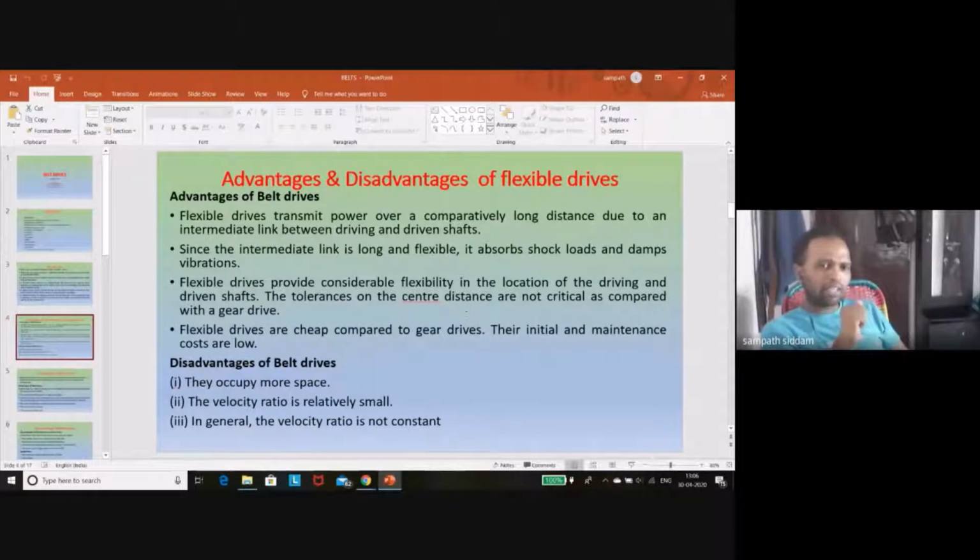And the next advantage is that flexible drives provide considerable flexibility in the location of the driving and driven shafts. The tolerance of the center distance is not critical as compared with gear drives. So the major point over here is the tolerance. Tolerance means that if you are trying to make a product, you cannot get it with 100% accuracy.